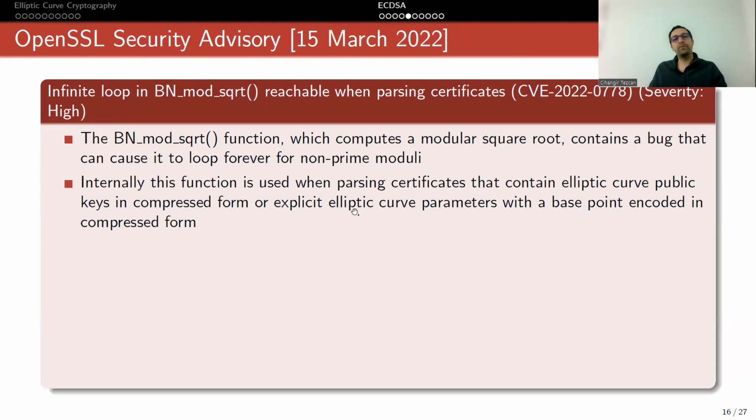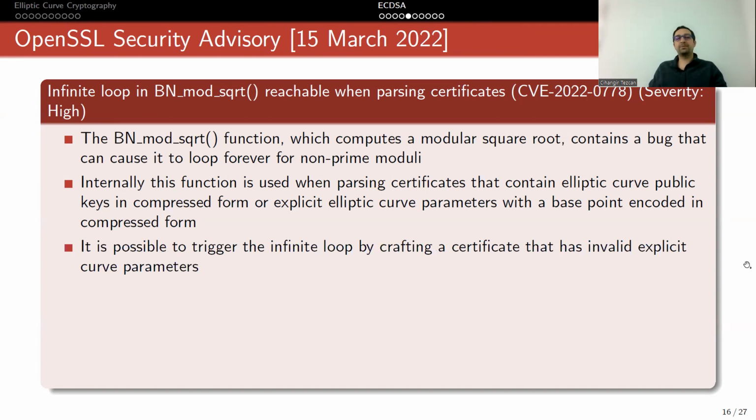What does this mean? Internally, this function is used when parsing certificates that contain elliptic curve public keys in compressed form or explicit elliptic curve parameters with a base point encoded in compressed form. It is possible to trigger the infinite loop by crafting a certificate that has invalid explicit curve parameters. So you provide a certificate where you choose an elliptic curve whose parameters are not correct, because you use a non-prime modulus.